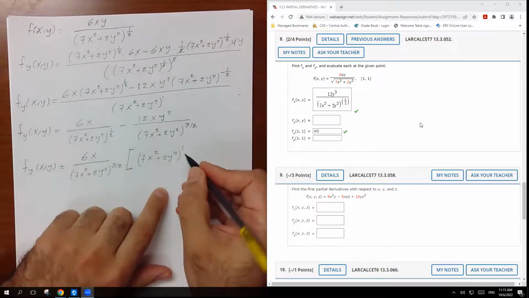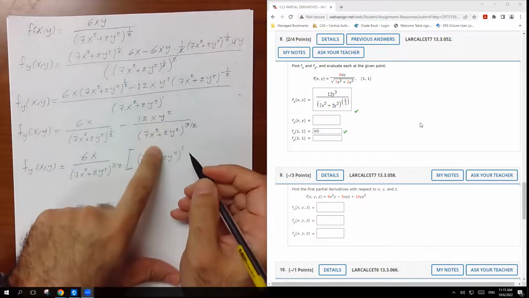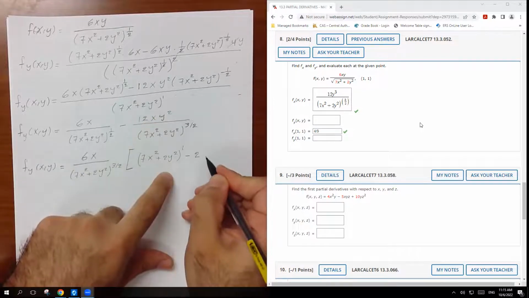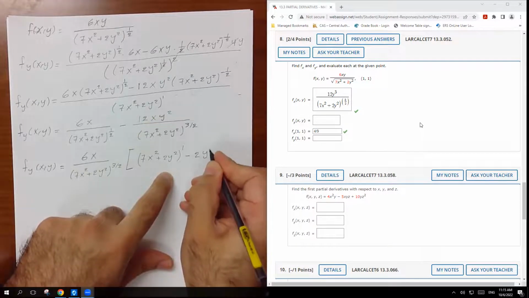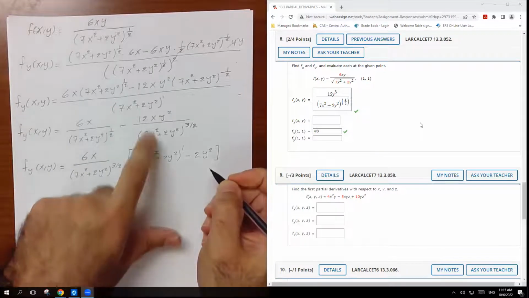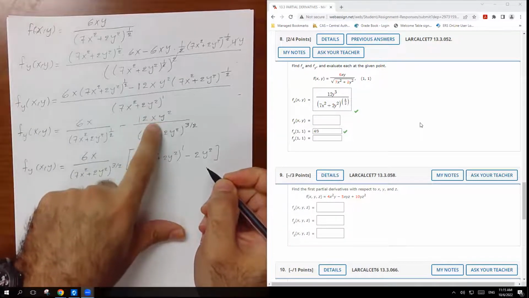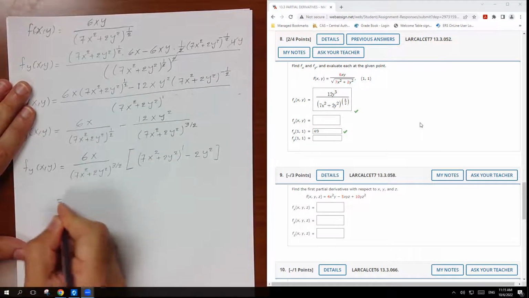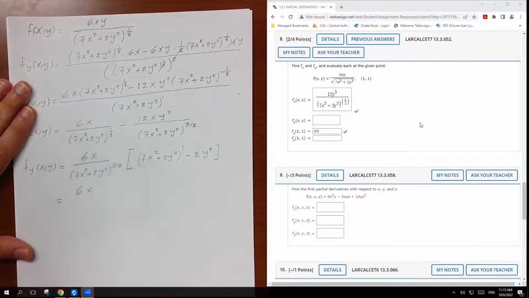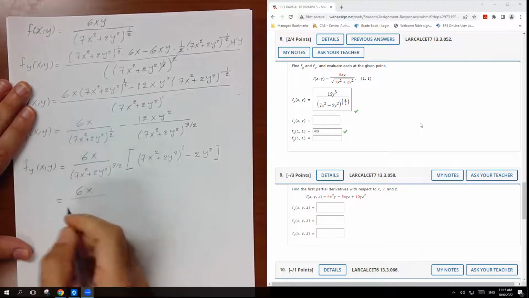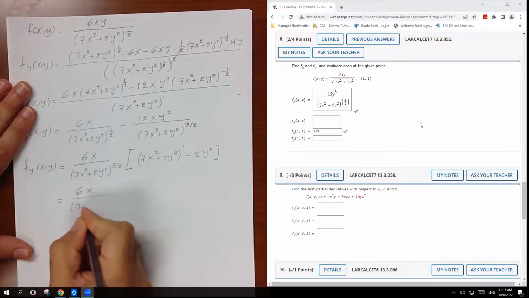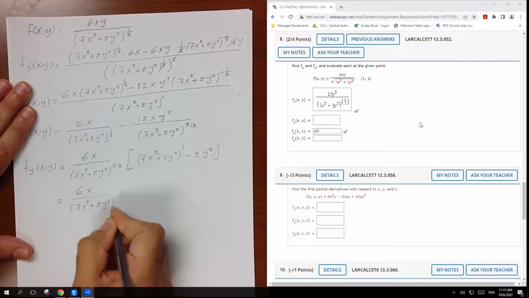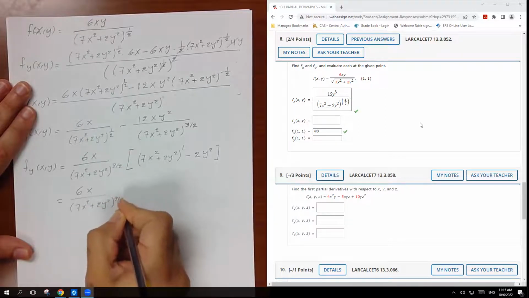And from this side, the left is going to be on the top, which is minus 2y squared, because we're going to factor out 6x, the left is 2y squared. That means here is going to be 6x over 7x squared plus 2y squared to the 3 over 2.